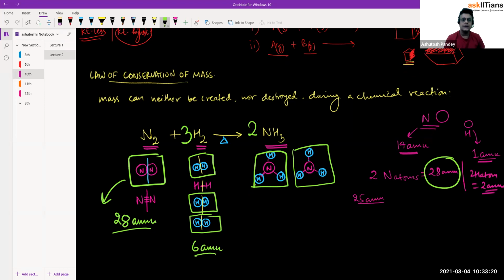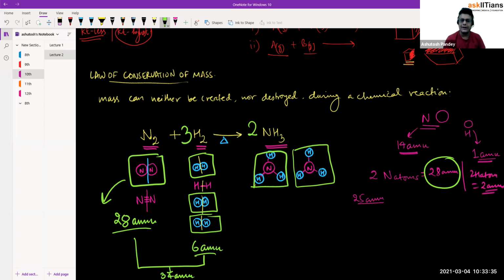So it means that a total mass of 34 AMU is present on the reactant side.